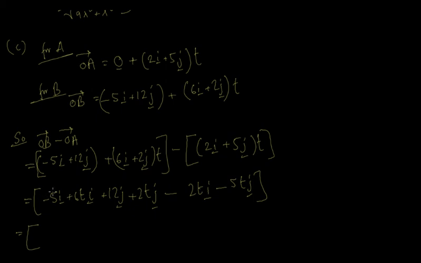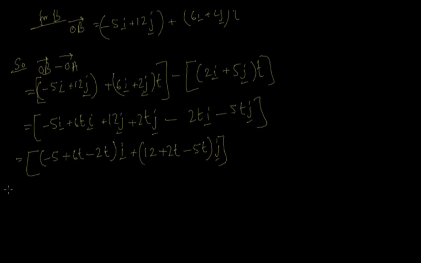If I take i common, minus 5 plus 6t, and then minus 2t, so this is all the i's. If I take j common, this would be 12j plus 2tj minus 5tj, so 12 plus 2t minus 5t. So now minus 5 plus 4t i, and 12 minus 3t j.